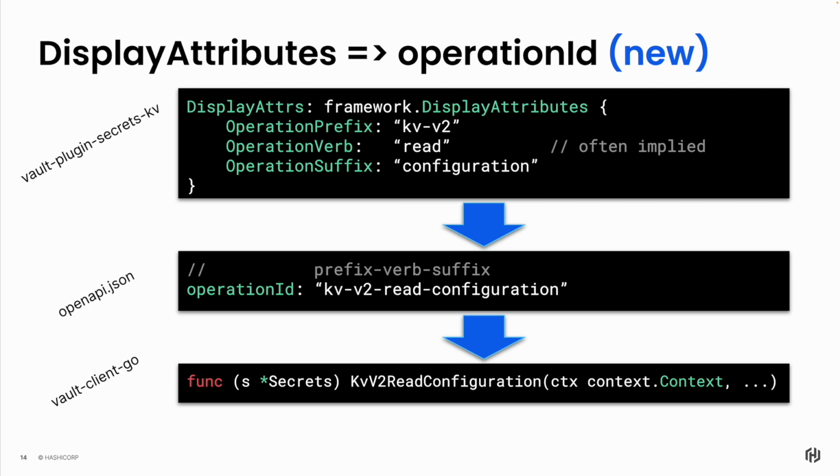If any of the prefix, verb, or suffix are omitted, the OpenAPI code will attempt to fill these with reasonable defaults, like the verb would default to the operation name. But if you want to control the names of the generated methods, be sure to populate all three: prefix, verb, and suffix.